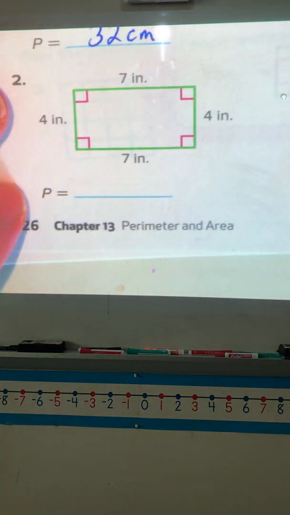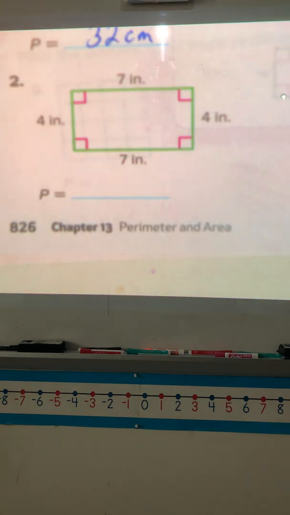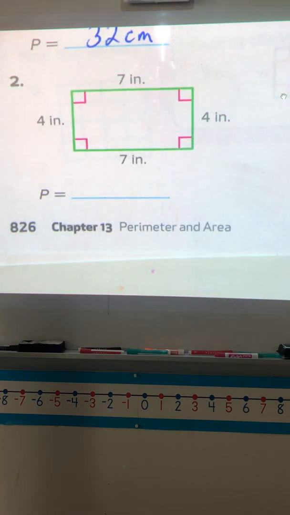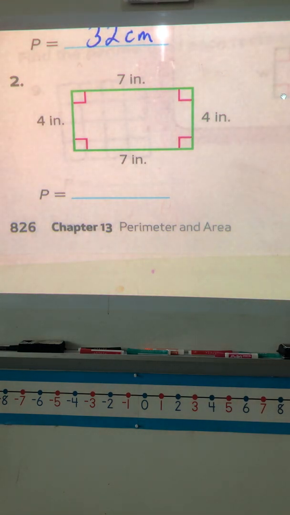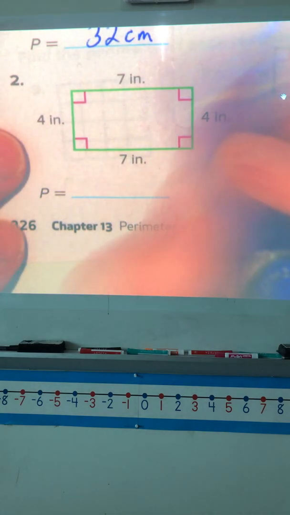Well, let's go to 2. Okay, again, we have some right angles. We have 1, 2, 3, 4 right angles. A right angle is formed at 90 degrees. So that tells us that's going to be 90 degrees. That's going to be something else we're going to cover before this year's out. All right, so we've got side plus side plus side plus side.